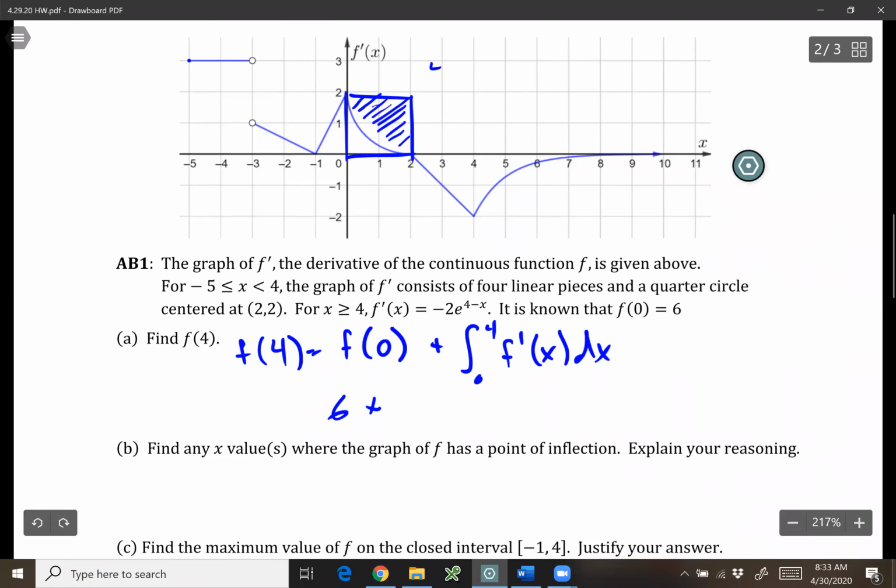So that was 4 minus 1/4 pi times 2 squared, which is 4 minus pi, because 2 and the 1/4 will cancel out. So 6 plus 4 minus pi.